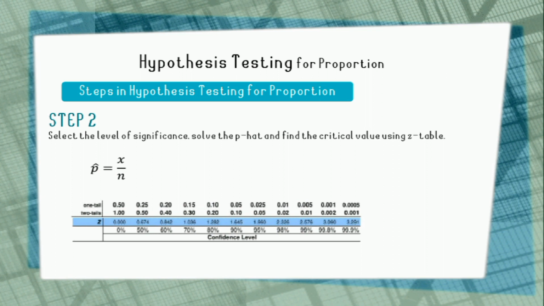So, after natin malaman yung p-hat, hahanapin naman natin yung critical value using the table. So, makikita natin dito, itong may mga shaded na blue, ayan lang yung mga critical value na gagamitin natin sa z-table.